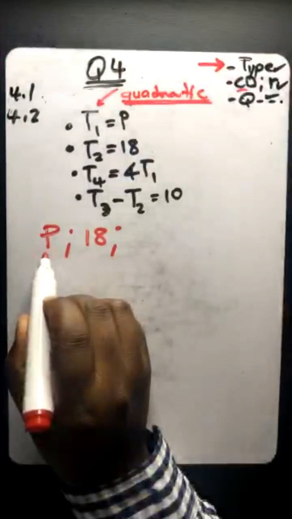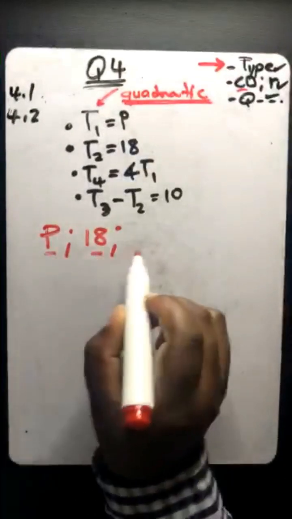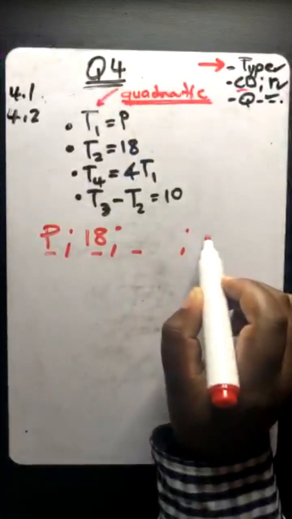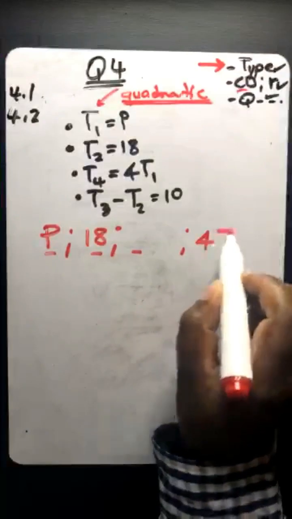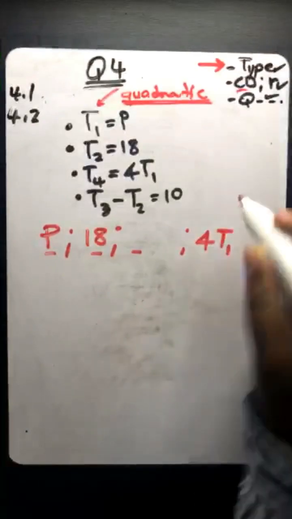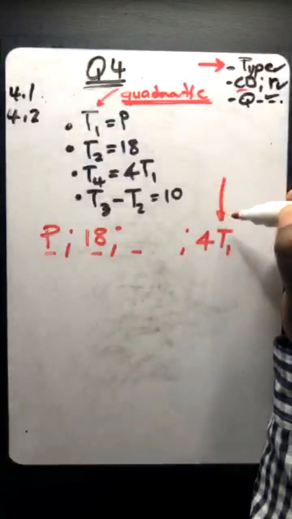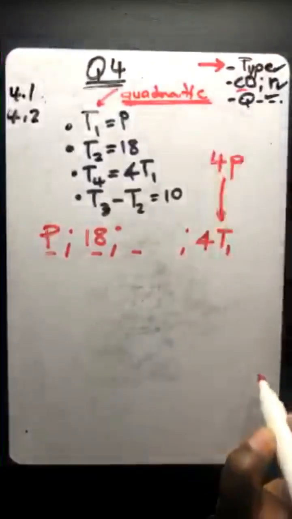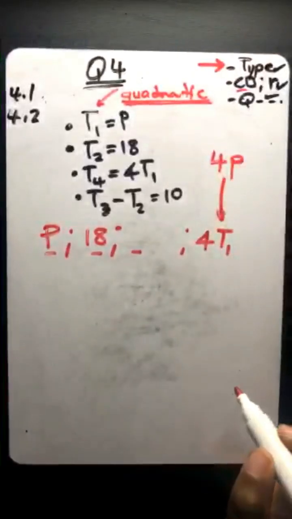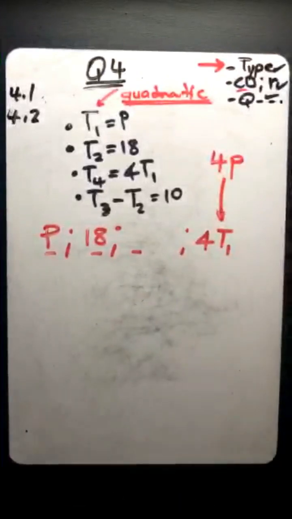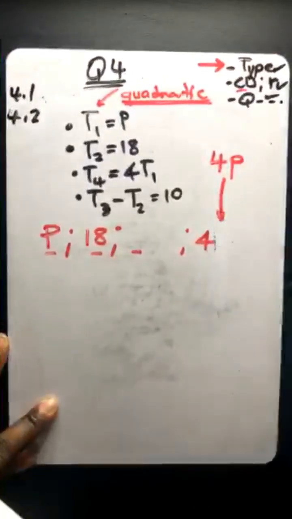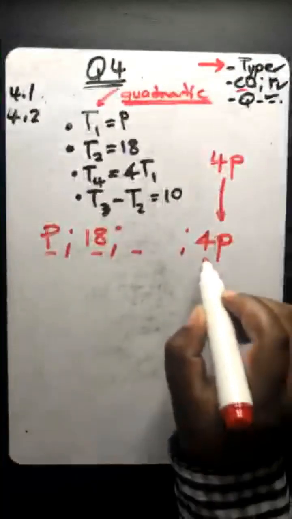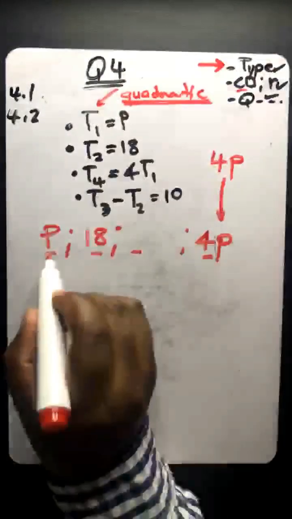So if this is term number 1, this is term number 2, they skipped term number 3, all of a sudden we are on term number 4, which is 4T1. Be careful of that. We know that T1 is P, so that means we are having 4P. Does that part make sense to everyone? Yes. So I'm going to remove that T1 and put P there. Why? Because they said term number 4 is 4 times T1, and T1 is P.